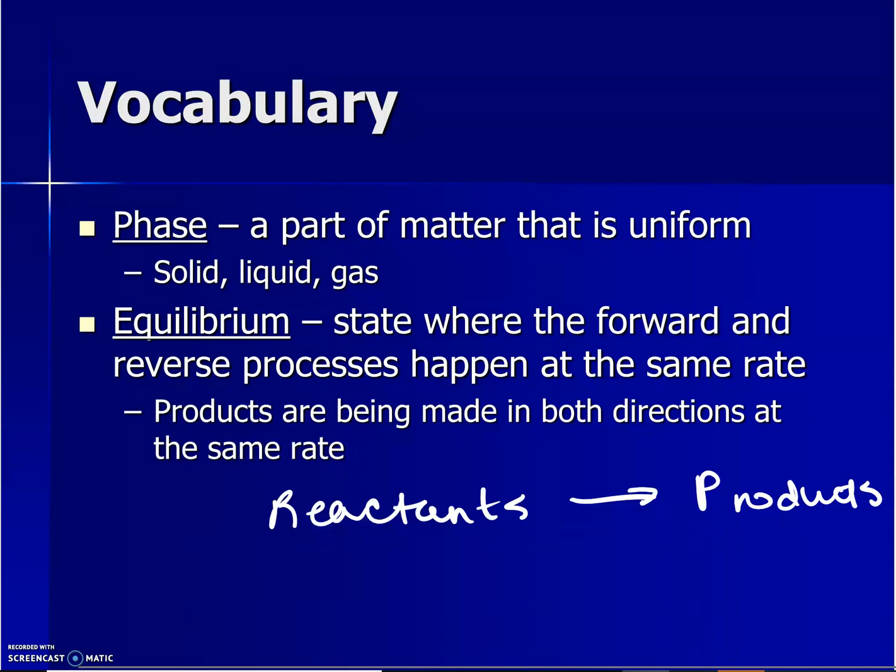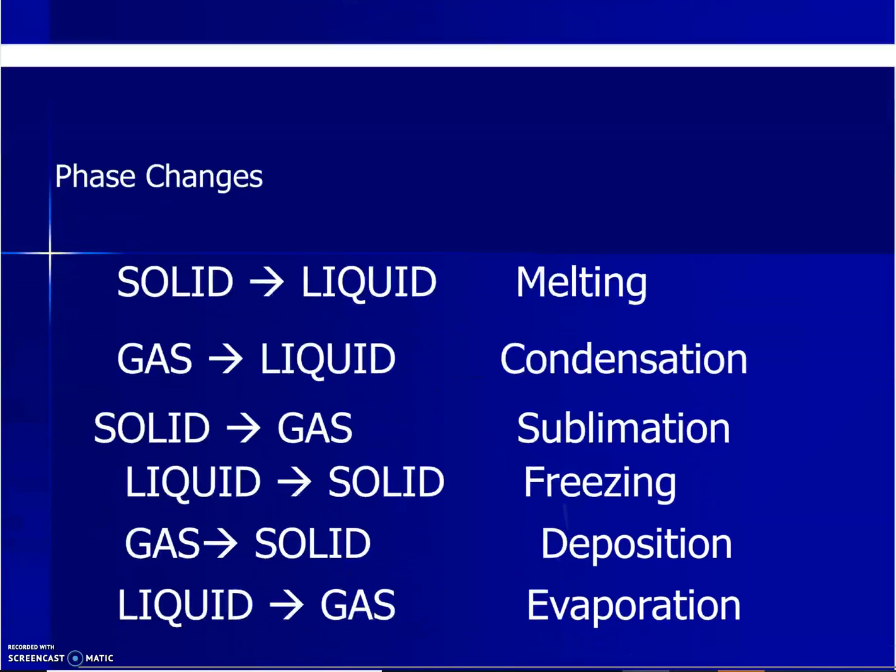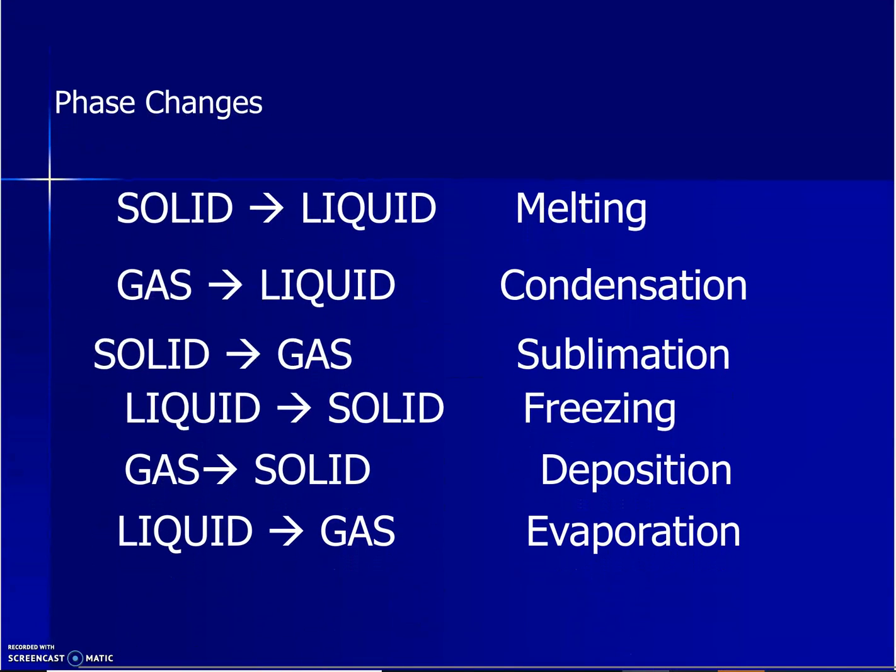Now what we're going to be talking about is how the forward reaction going from the reactants to the products occurs at the same rate as the products going to the reactants. So this reaction actually goes back and forth until equilibrium is reached.